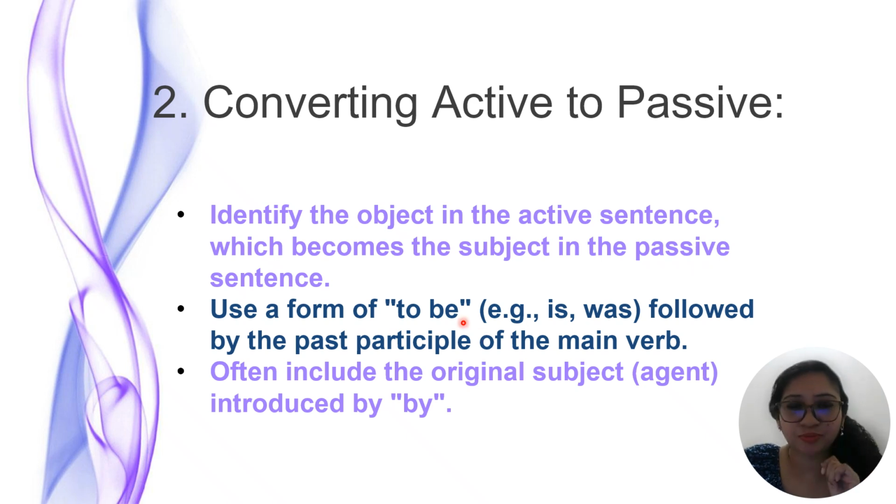A tip would be to use the form to be, for example, is or was, followed by the past participle of the main verb. Often include the original subject agent introduced by the word by. We'll look at some examples after this.